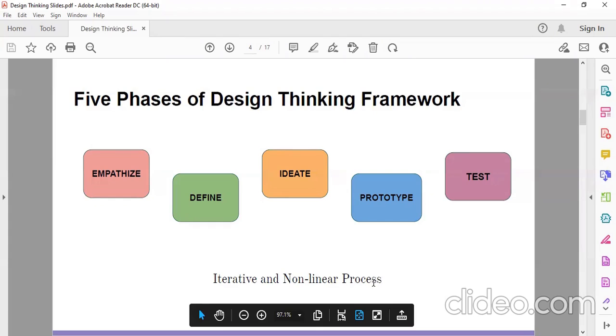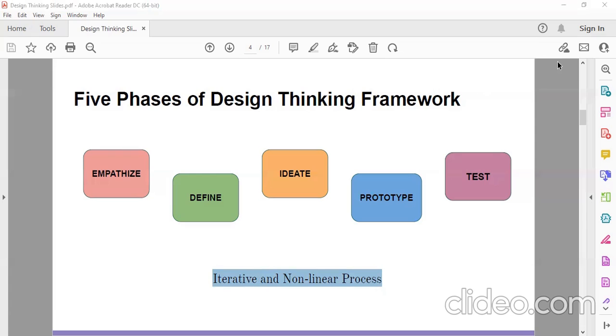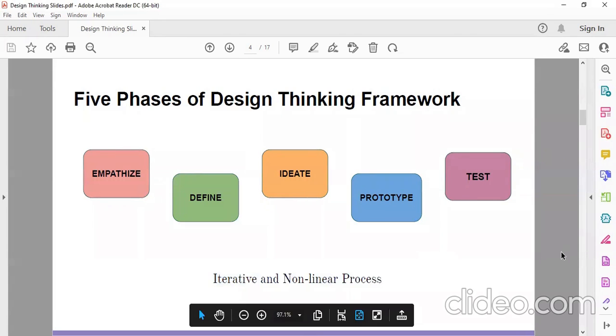What is meant by that? Why do we say it's an iterative and non-linear process? Any idea?